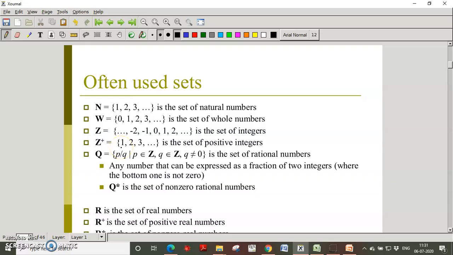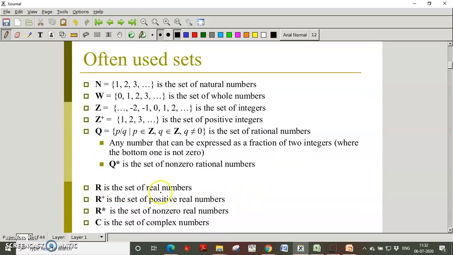Z plus is the set of positive integers. Q is the notation for the set of rational numbers, meaning when you write an integer in p by q form, that number is a rational number, but you have to remember q does not equal 0. Q star is the set of non-zero rational numbers, and R is the set of real numbers.